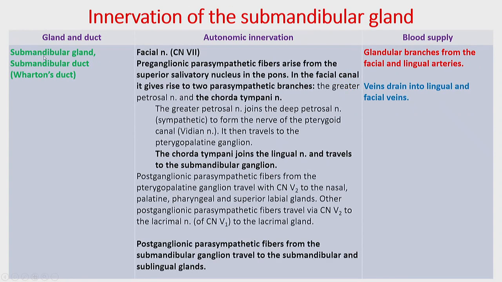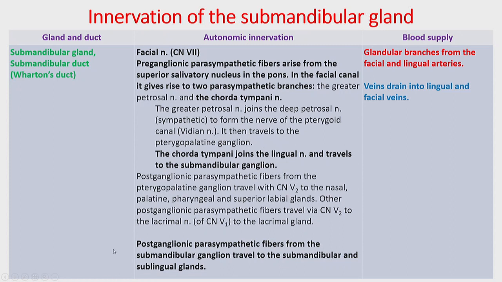Submandibular gland, the origin of the parasympathetic nerve is the facial nerve via chorda tympani, which is connected to the submandibular ganglion, and via the lingual nerve, it's innervating the submandibular and sublingual gland.